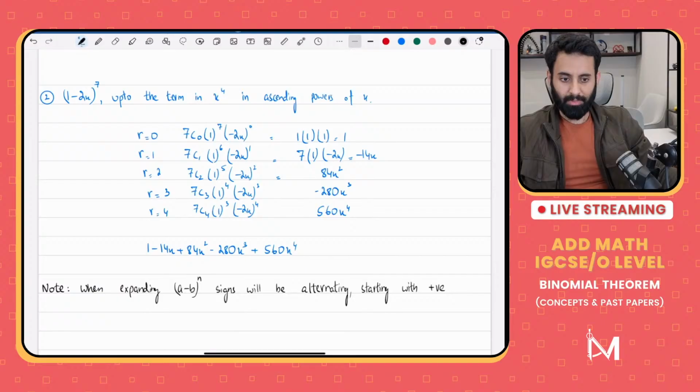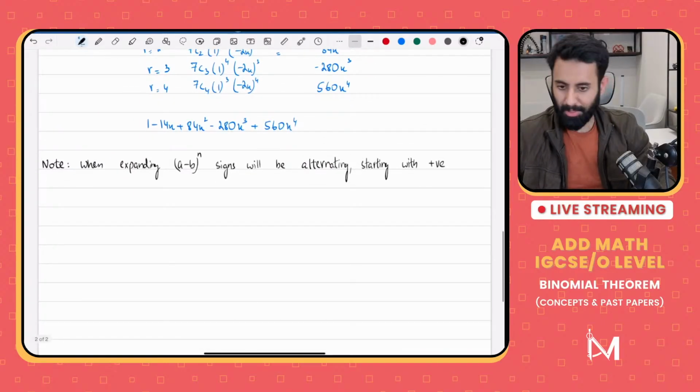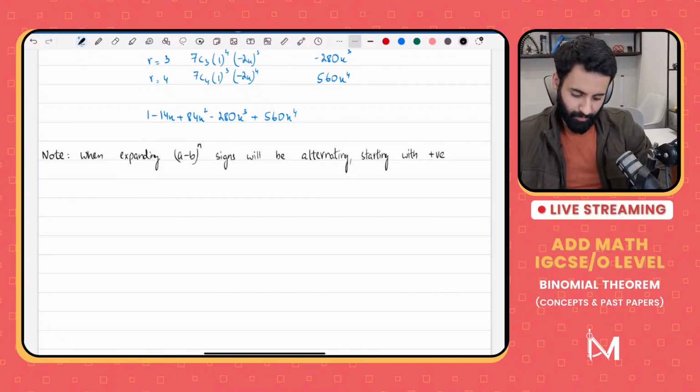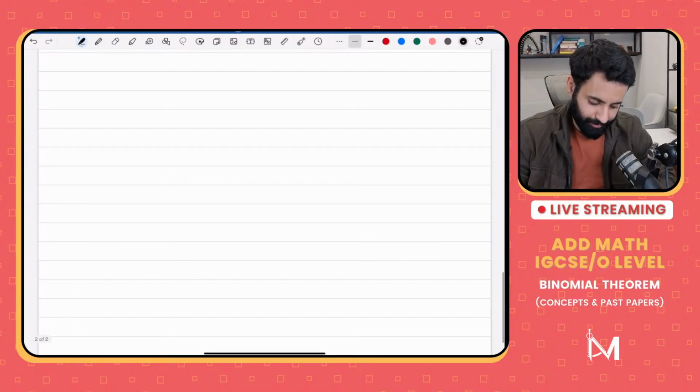Now, let's do another example. In fact, now let's do some past paper questions. All right, let's do some past paper questions, and with some past paper questions, we are going to understand some important concepts. Just a minute, I've taken out a few past paper questions, and okay, here.